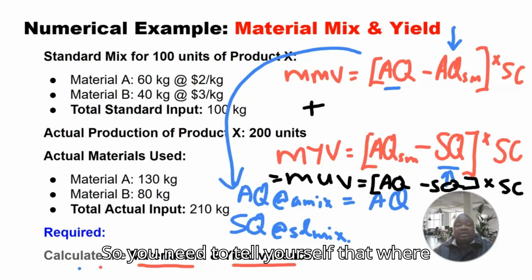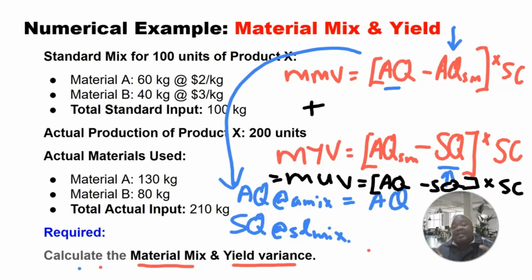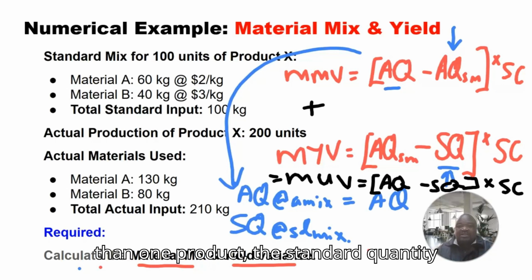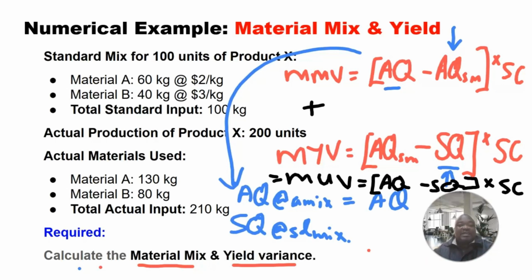So you need to tell yourself that where the formula is related to more than one product, the standard quantity is the quantity or the budgeted quantity at the standard mix.